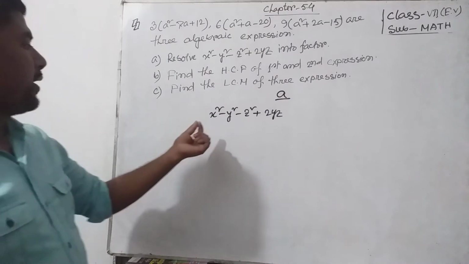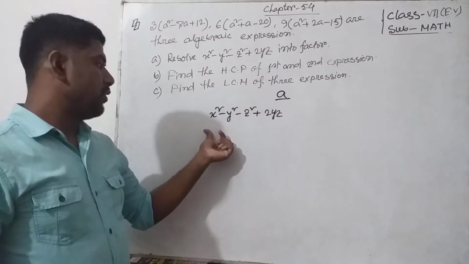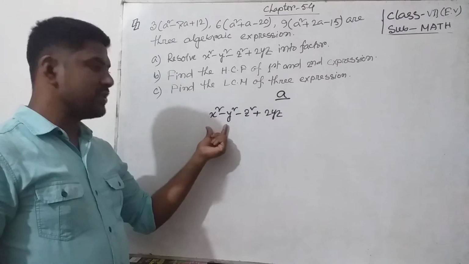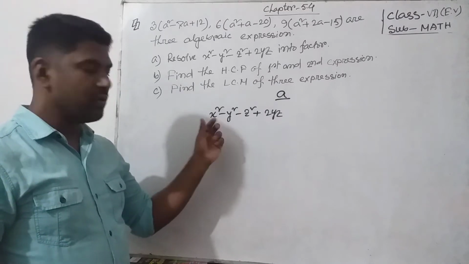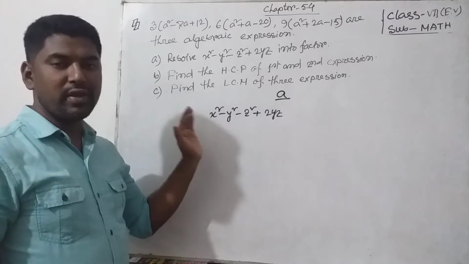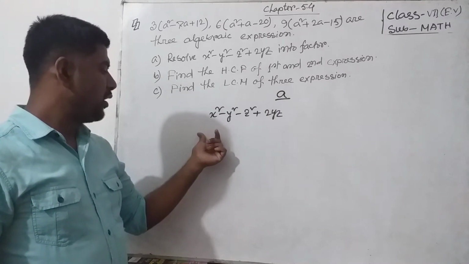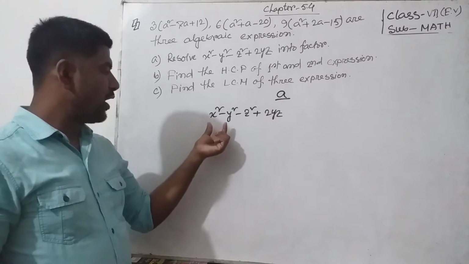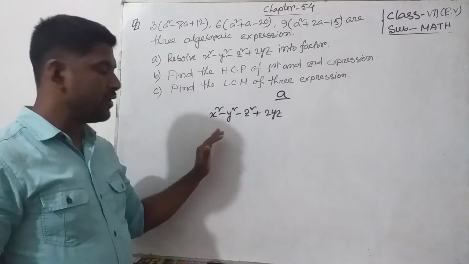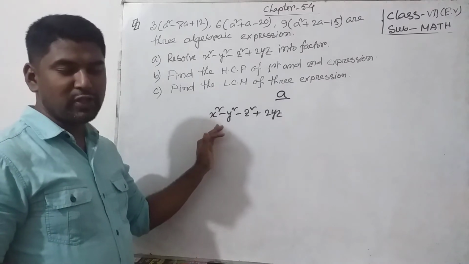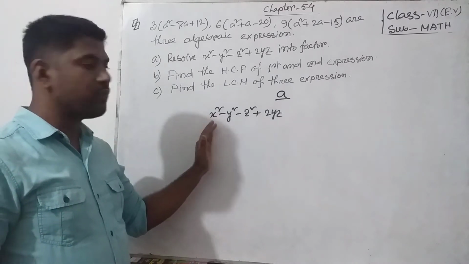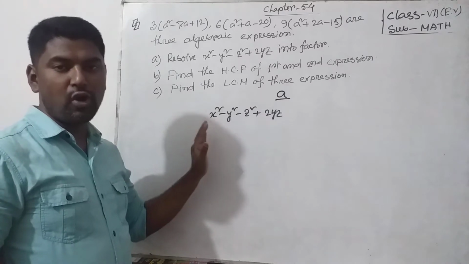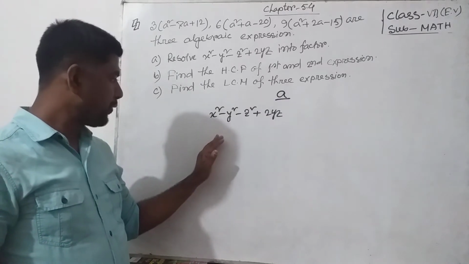Now you can think x square minus y square is a formula, the formula of a square minus b square form. So anybody may think to apply the a square minus b square form, and write it x plus y into x minus y, but it is not the right process. It is the wrong process.